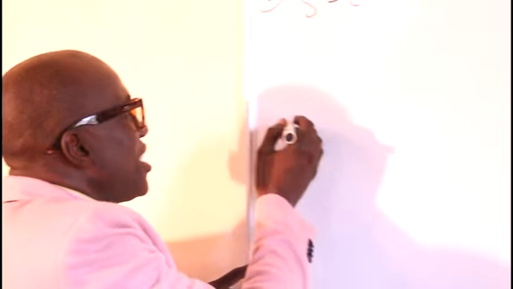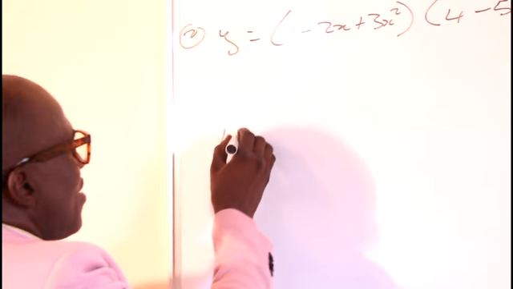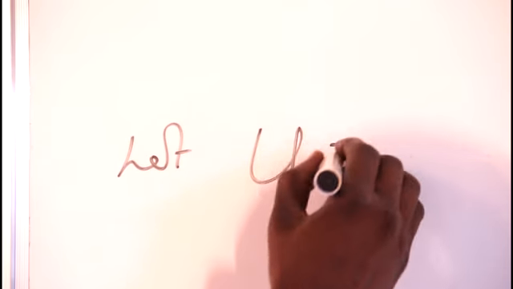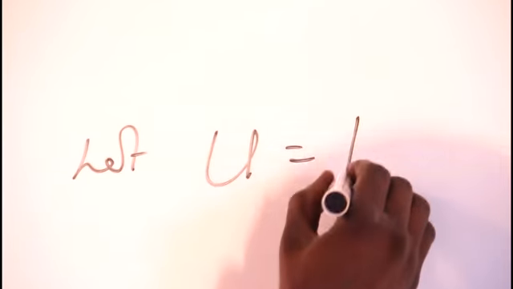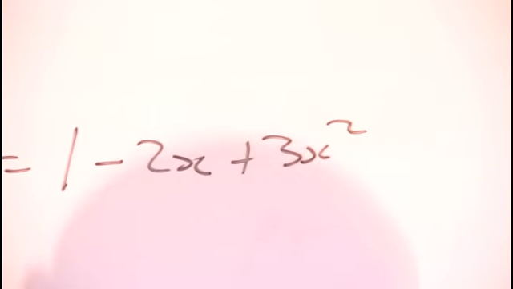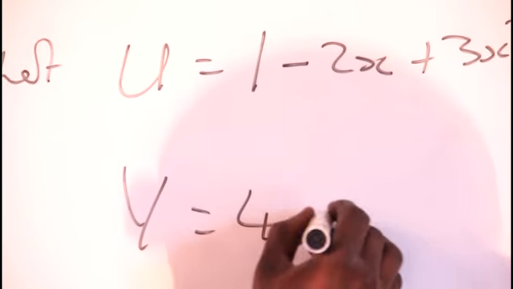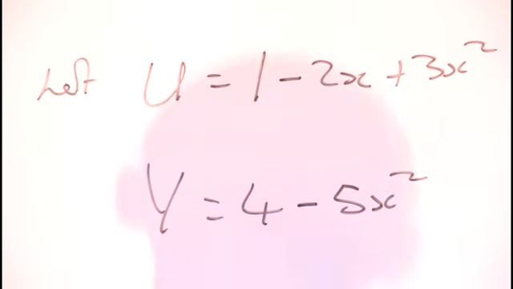In the second example, so let's do this. We now say, okay, let u be equal to 1 minus 2x plus 3x squared, and v be equal to 4 minus 5x squared.